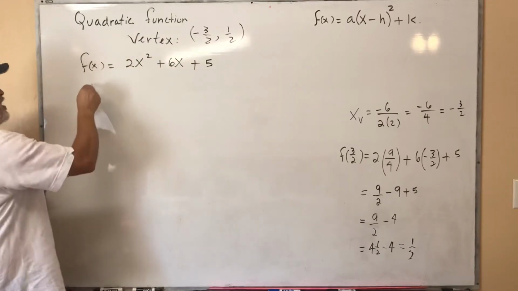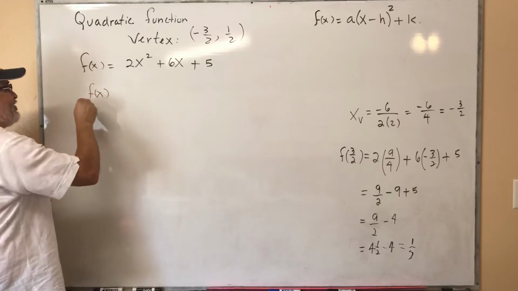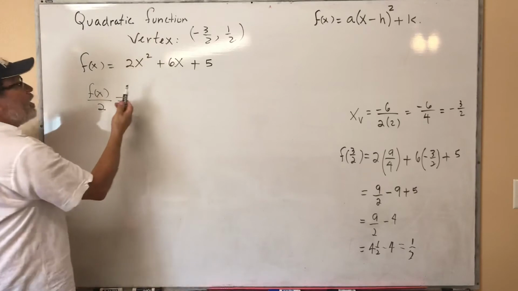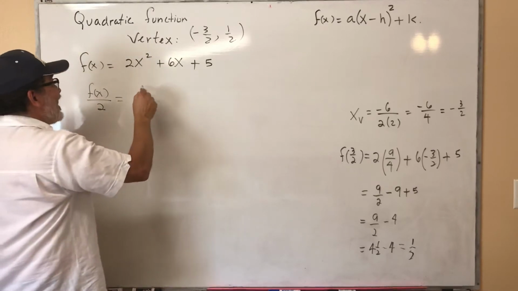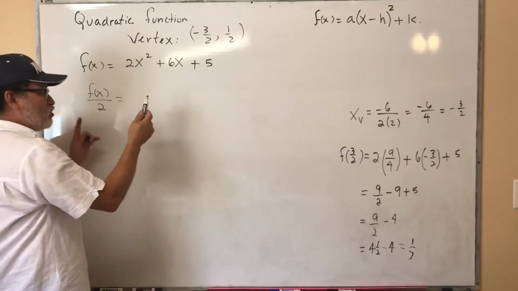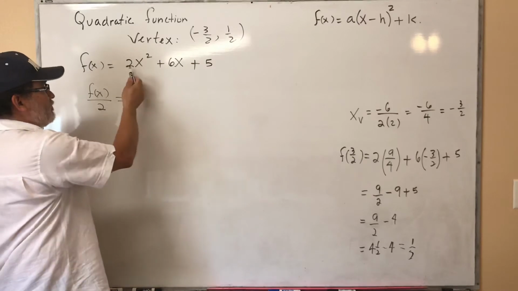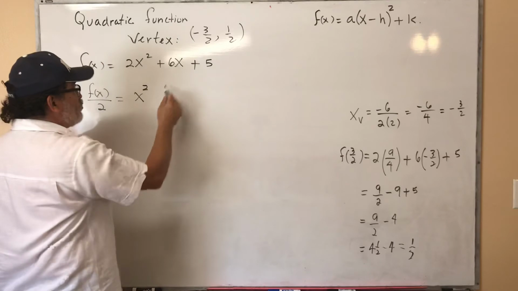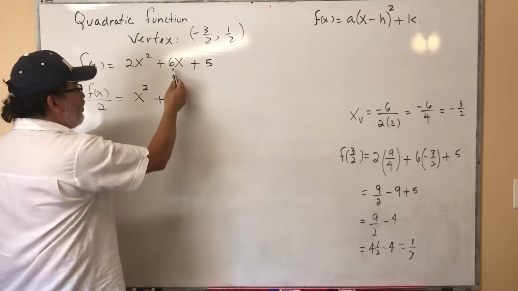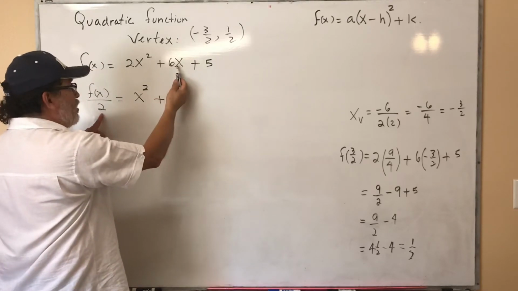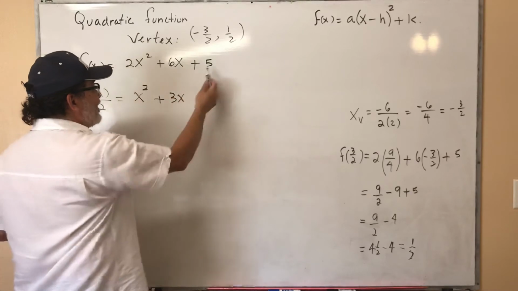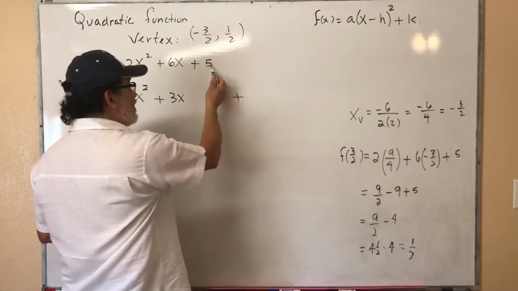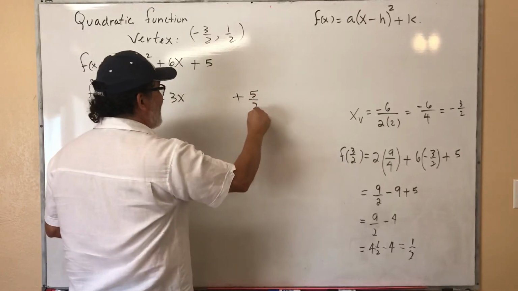So I'm going to say f of x divided by 2 equals, make room to complete the square, okay? Equals this divided by 2, which is x squared. This divided by 2, which is plus, what's 6x divided by 2? 3x. Make room, push this aside, but divided by 2, 5 halves.